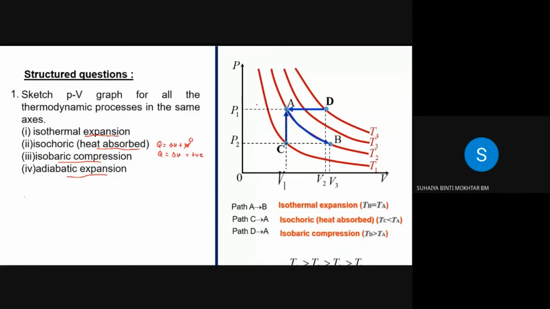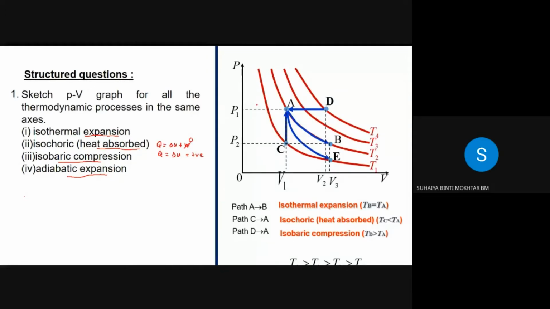Okay, then adiabatic expand. Adiabatic expansion. So volume increase or decrease? Increase. So arrow kita ke mana? Downward or upward? Downward. Okay, sebab expand. So volume increase. So arrow adiabatic is downward. Okay. Jadi downward tak boleh up. Kalau up, dia adalah case compress. So arrow mesti downward.